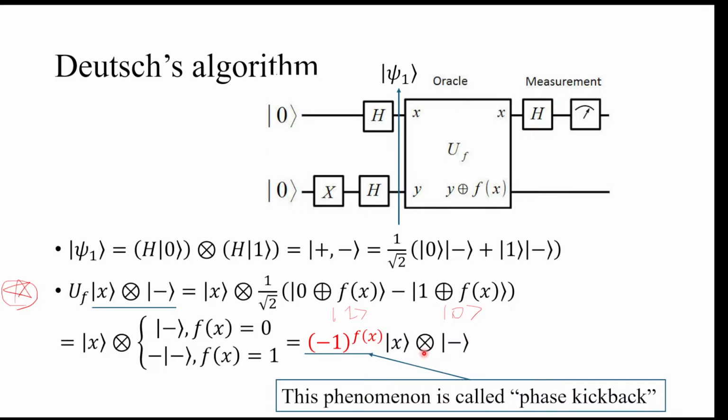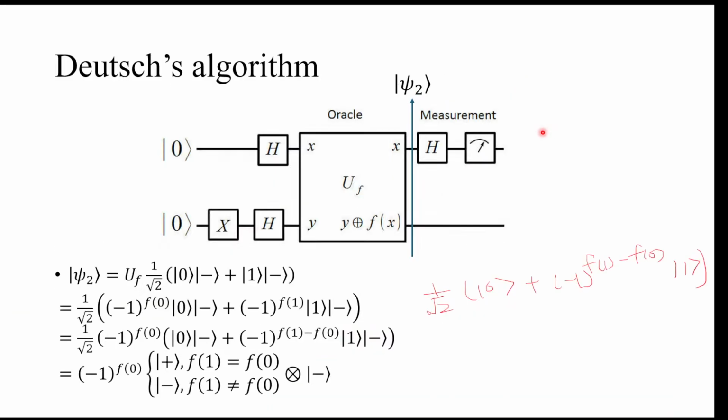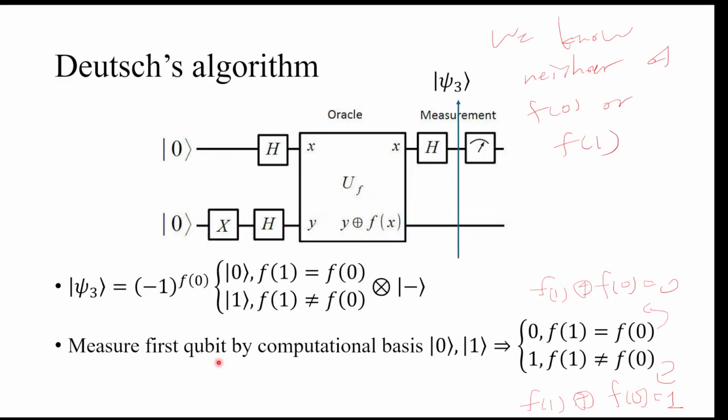The information about this function small f goes to the exponent of this phase here. This is phase kickback. We can think of this phase vector as actually on the input register. Then we do a Hadamard, and we can distinguish the plus state and the minus state. Okay, so that's Deutsch's algorithm.